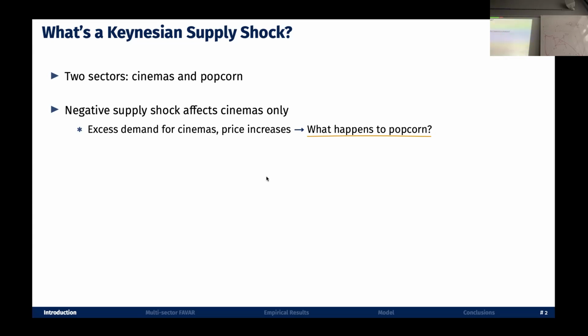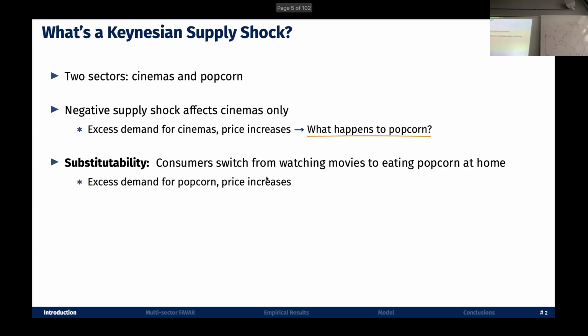And kind of intuitively, and I'm going to be a bit loose here, but you can formalize what I'm going to say now. The answer to this question crucially depends on what you assume on the substitutability between these two goods. So if you live in a world where I'm happy to substitute away from cinemas and binge on popcorn because I'm just happy with that, then what's going to happen is that because of the price increase in cinema tickets, I'm going to switch to popcorn.